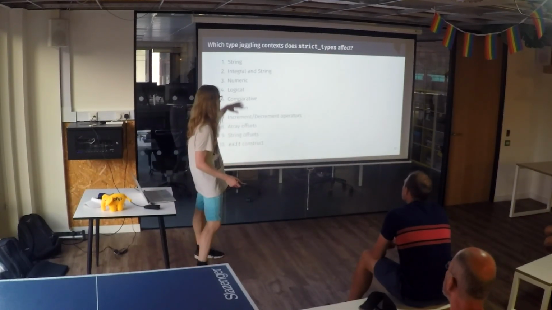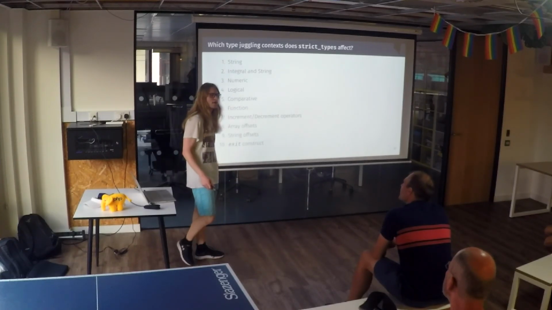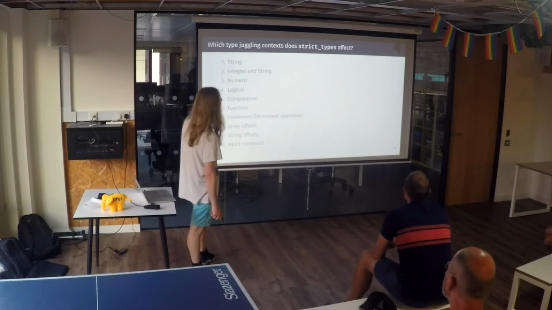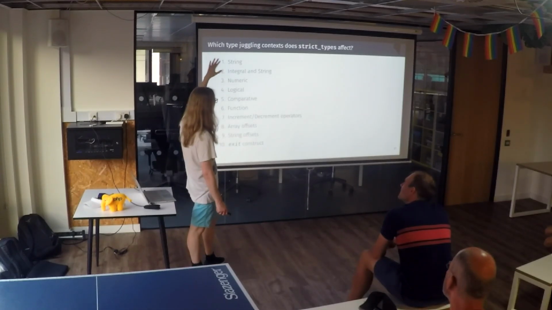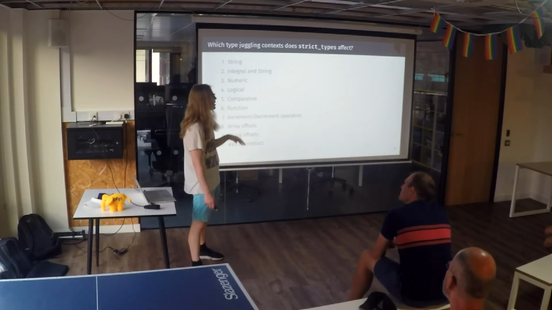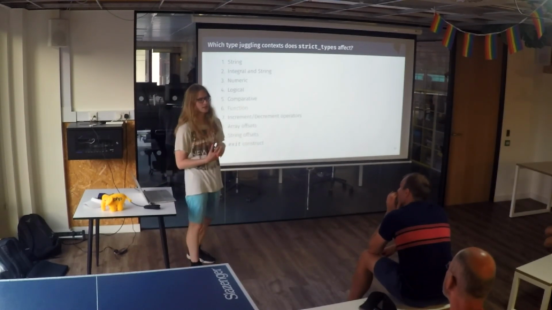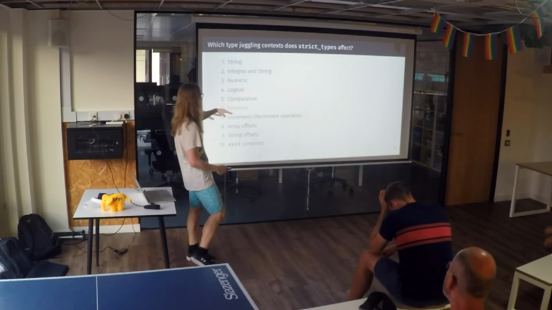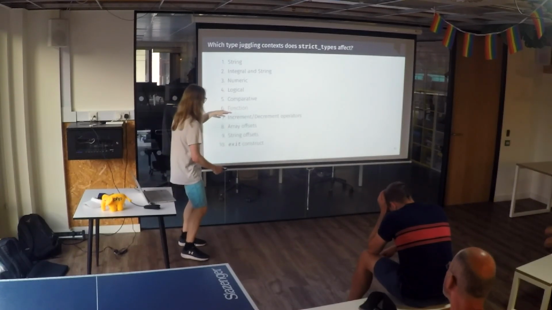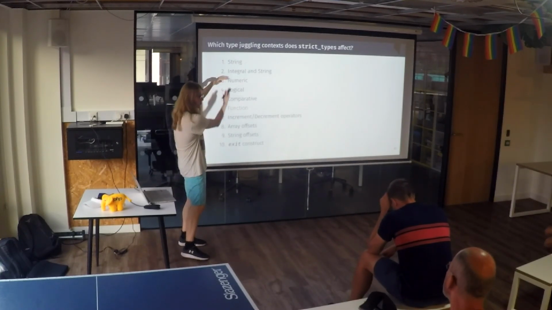So after we went through all of this, I hope I haven't bored you too much. Out of these 10 type juggling contexts, strict types only affect the function type juggling context. None of the other ones. Only this narrow, specific case.